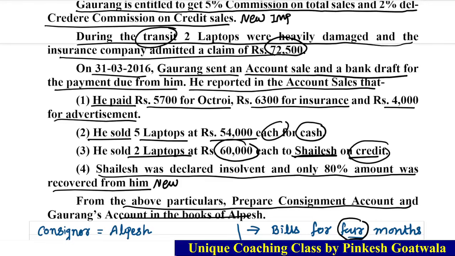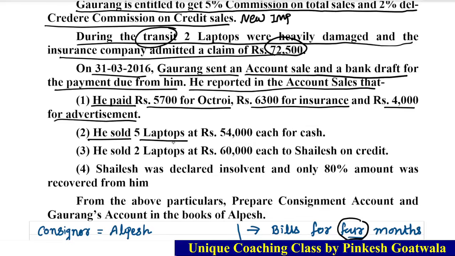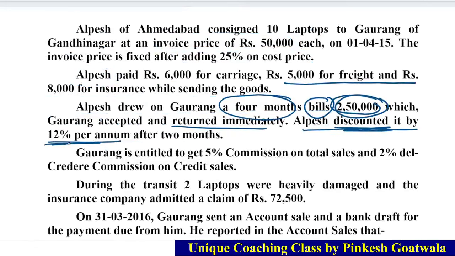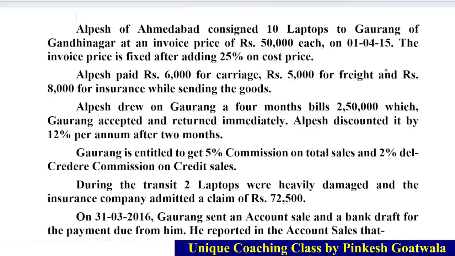But practically they are not asked in our exam. So we should ignore that, because in real life who is important, owner or agent? Because who is the owner of the business? That is the consigner. So more entries will come there; in the consignee agent's books not many entries will come. So normally they ask in the books of consigner, consignee account and consignment.